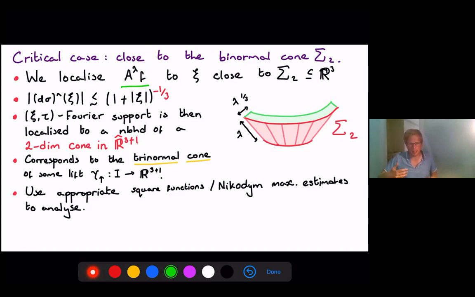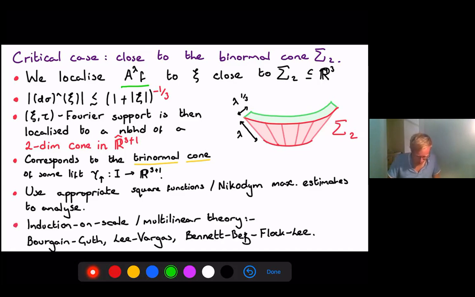And it turns out that you get kind of nice numerology, which allows you to deal with this part of the operator, despite the fact that you have this slow decay rate. Okay, and in order to deal with this, we used all these modern tools in harmonic analysis, such as induction on scale methods, multilinear estimates.